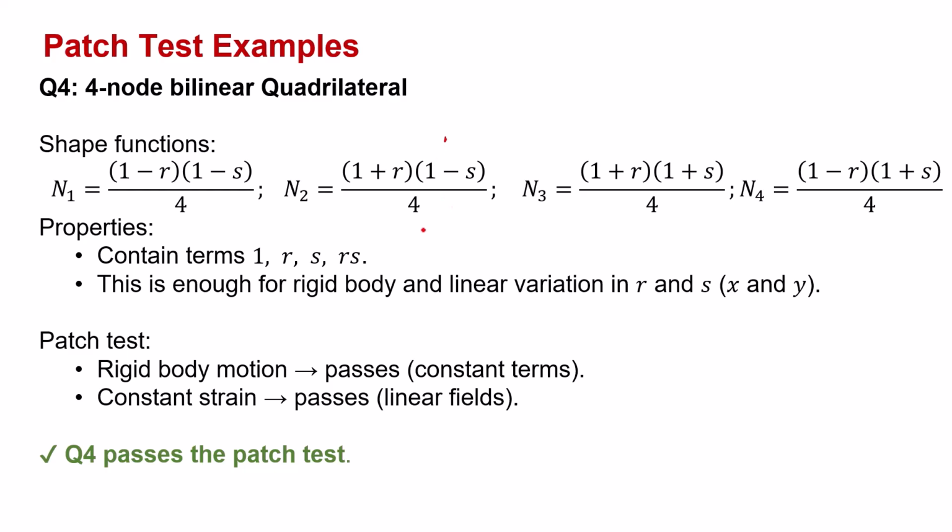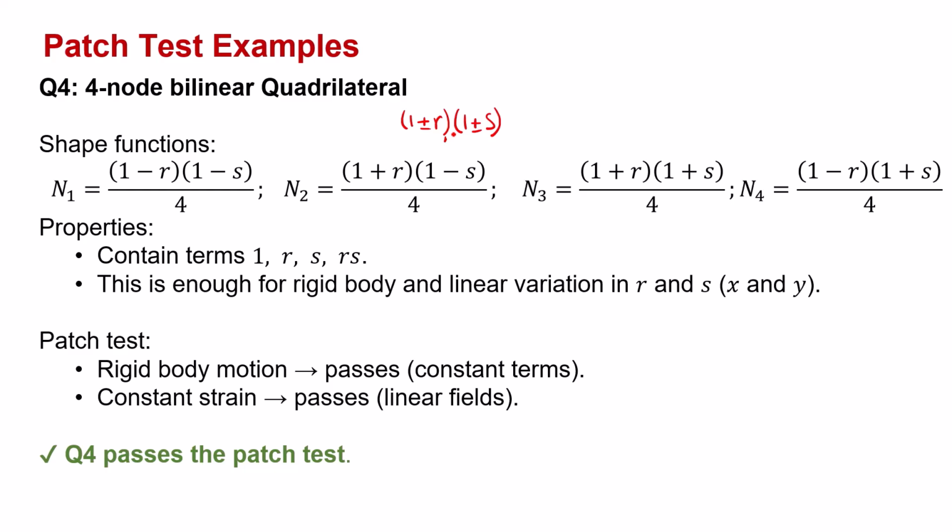Let's now look at another important patch test example, the Q4 element, which is the four-node bilinear quadrilateral element. The shape functions of the Q4 element are written in the natural coordinate systems r and s as shown here. As you can see, each shape function is bilinear involving products of terms like 1 plus or minus r times 1 plus or minus s.